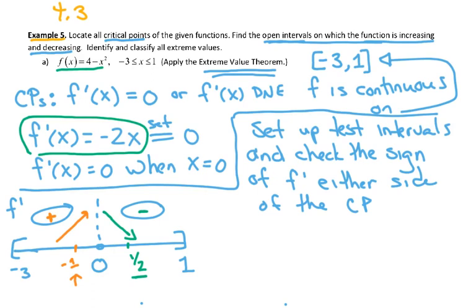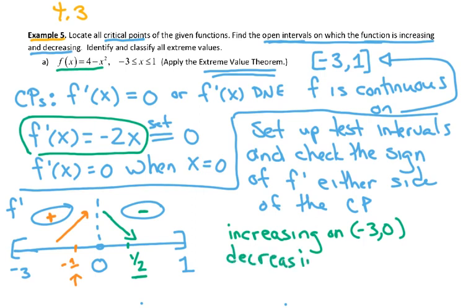So if I wanted to answer that question, I would say increasing on negative 3 to 0, decreasing on 0 to 1.